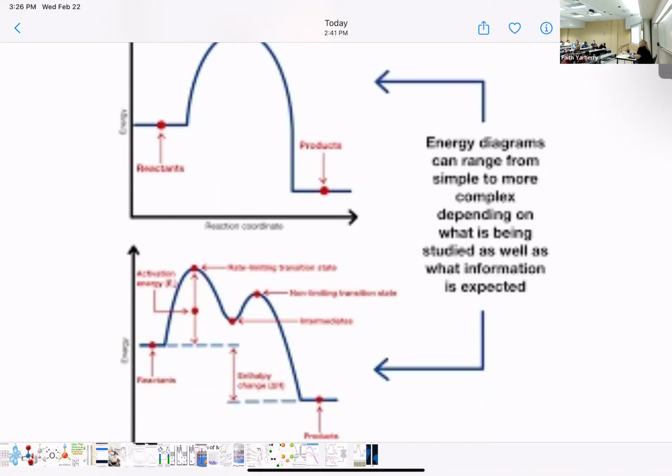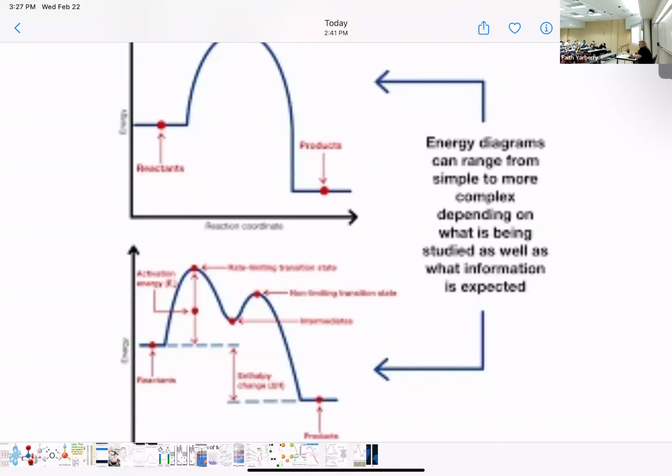We will be discussing those in a lot more detail when we get to reaction mechanisms too, because this is directly related. The example on the bottom will have more than one reaction that makes up the overall reaction.